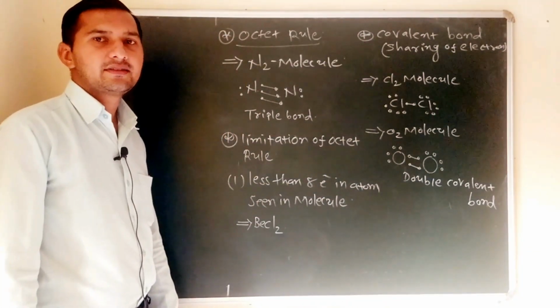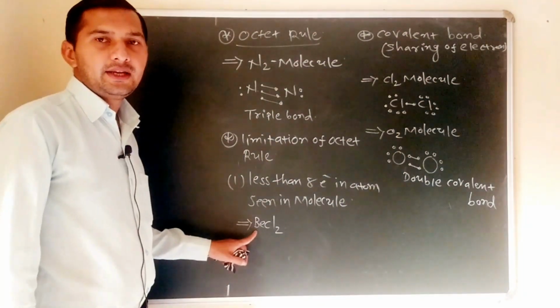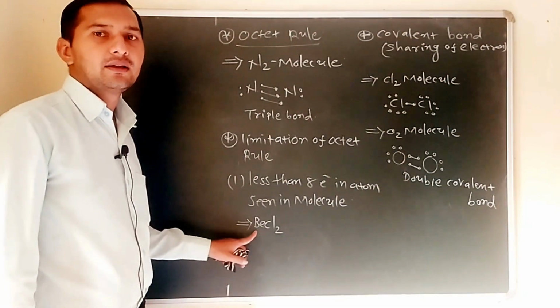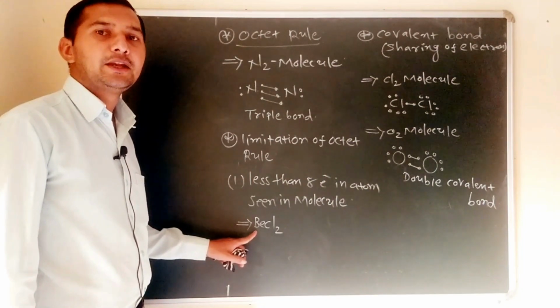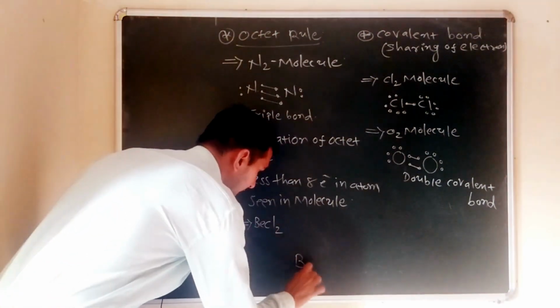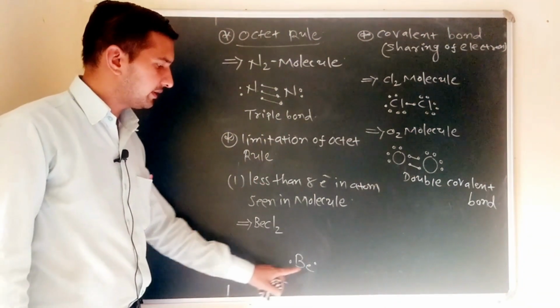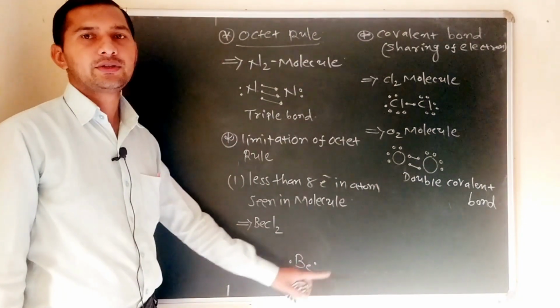In this BeCl2 molecule, the atomic number of beryllium is 4. So there are 2 valence electrons seen in the beryllium atom. 1 electron, 2 electrons. These dots represent valence electrons according to Lewis theory.